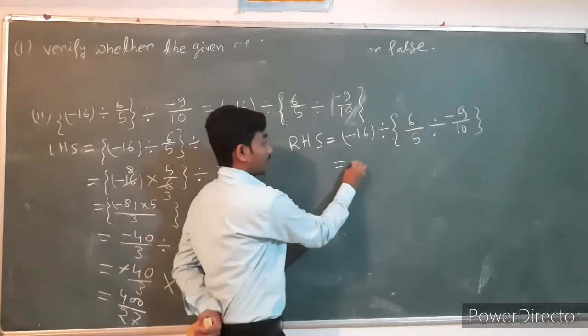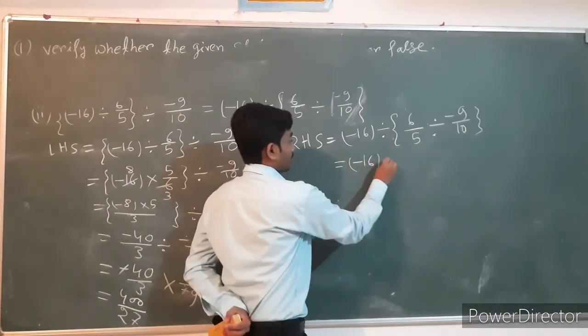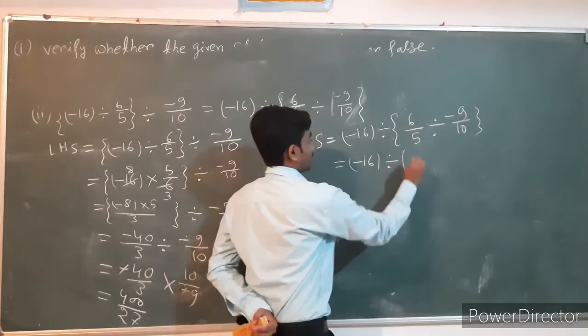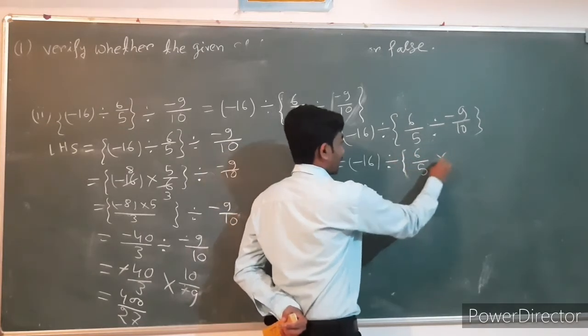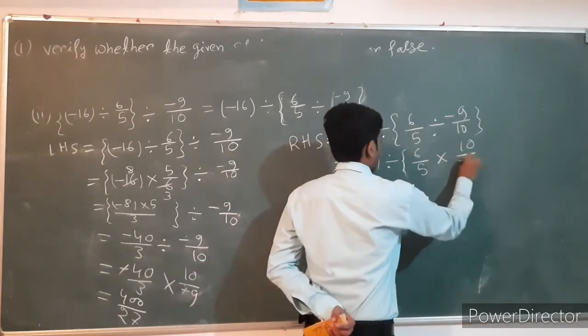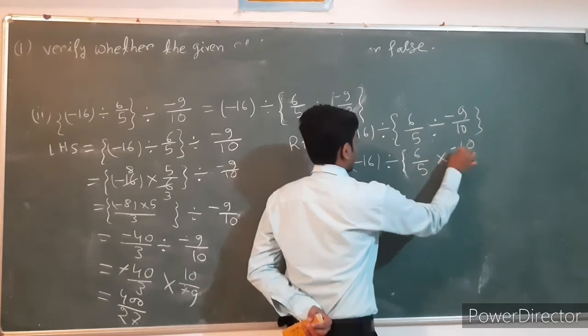So minus 16 divided by 6 upon 5 multiplied by 10 upon minus 9.